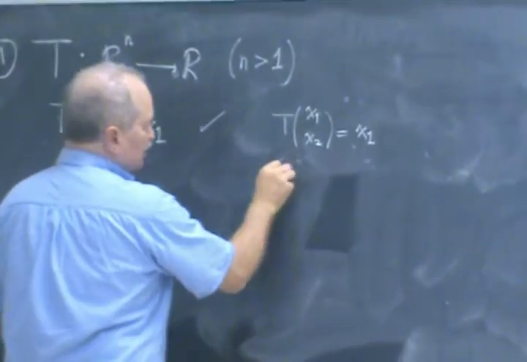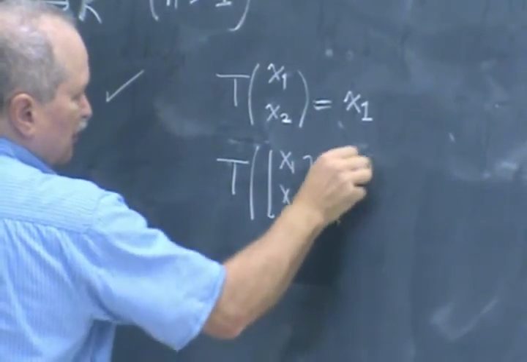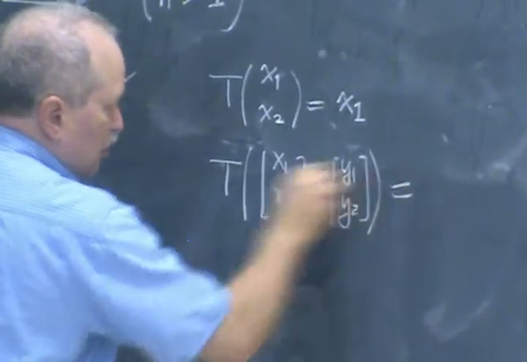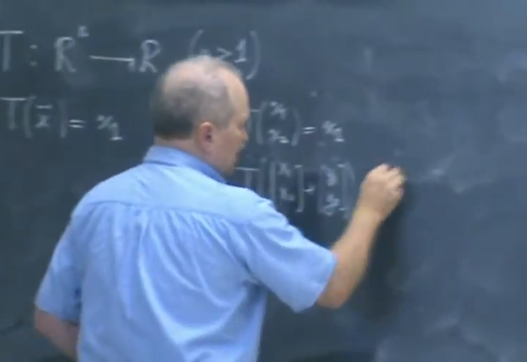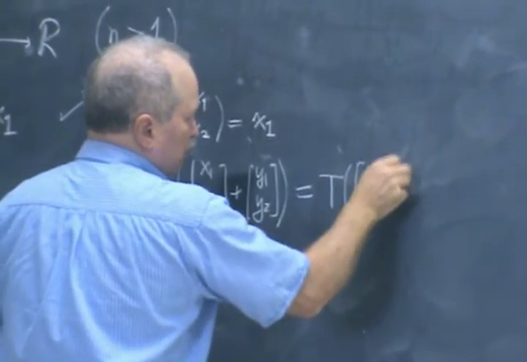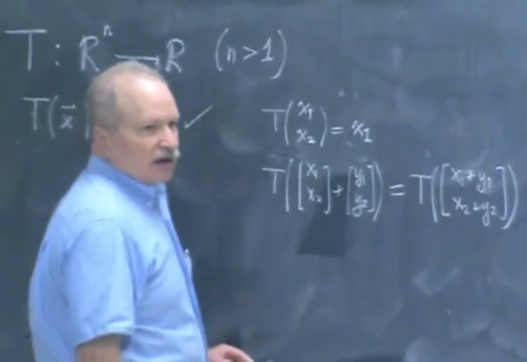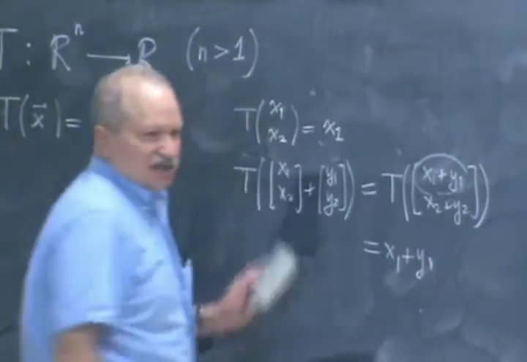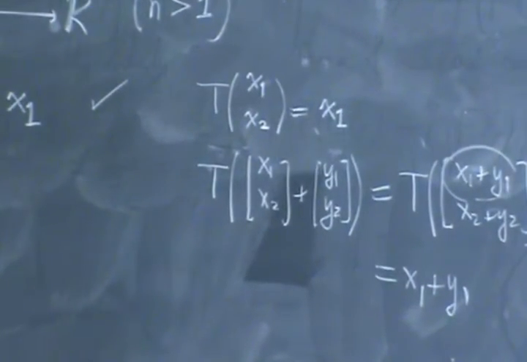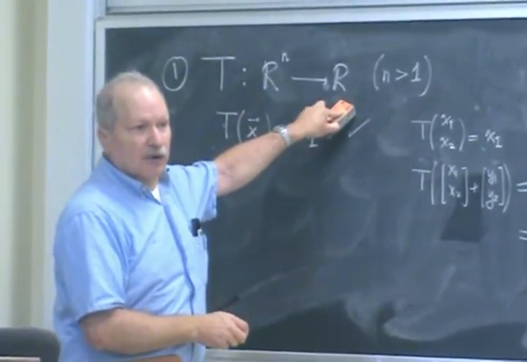So if you added two vectors, remember, Russell, how we actually add vectors. You add component by component. So this is T of x1 plus y1, x2 plus y2. And then the rule is take the first component, which is the sum of T of x and T of y. You okay? And that's going from R2 to R. To R1, right. When I wrote R here, I meant R1, yeah.